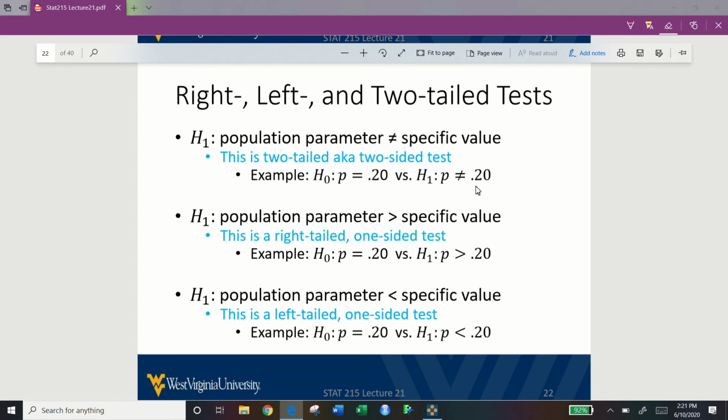And on the other end, if we wanted to conduct a left-tailed, one-sided test, we would use less than in our alternative hypothesis. So for our ingots, the null hypothesis would be H naught colon P equal to 0.20 versus the alternative H1 colon P less than 0.20.